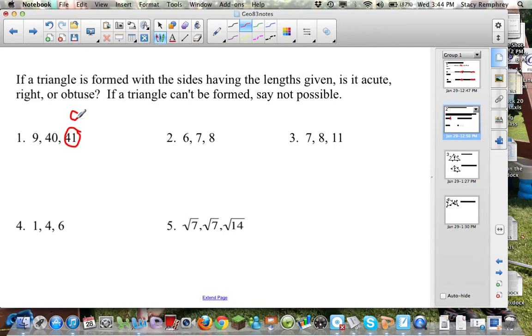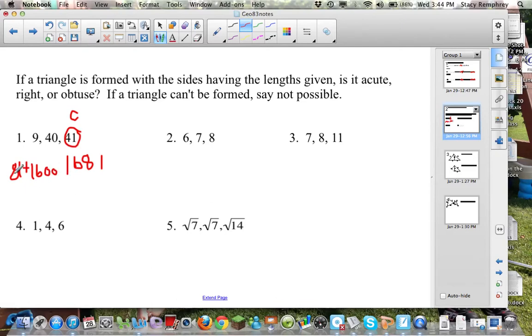Okay, so if I square 41, I get 1681. So that's my C squared. And I'm going to compare that to my A squared plus B squared. So I have 9 squared, which is 81, plus 40 squared, which is 1600.